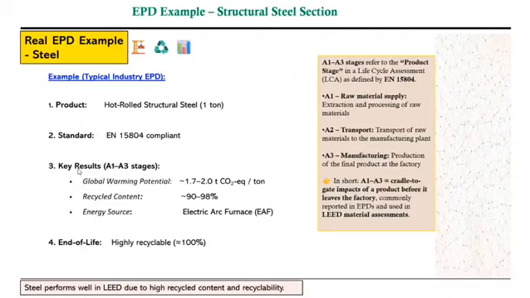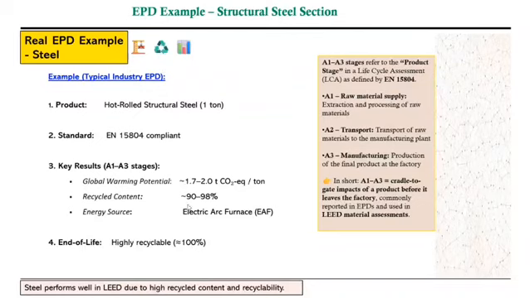So here we have the key results. Global warming potential ranges from 1.5, 1.7 to 2.0 tons CO2 equivalent per ton, because this assessment is done for the ton, as we mentioned earlier.